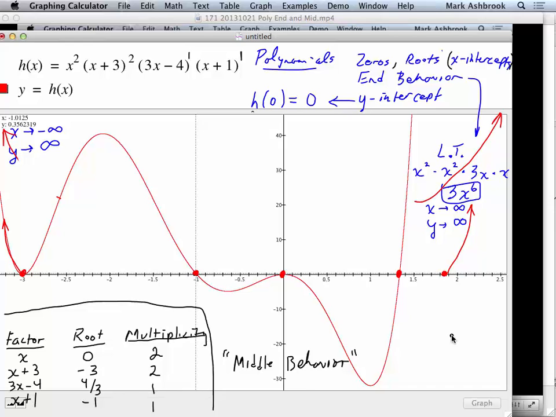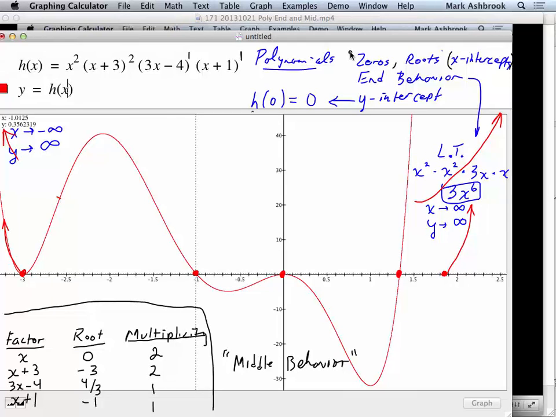Yeah? Sure. How did you determine the highest one? For like this, we haven't. So we haven't talked at all about these what we call local max and mins. Okay? So we're not finding those. We're not going to take the time to talk about local max and mins. So just the 4 things.